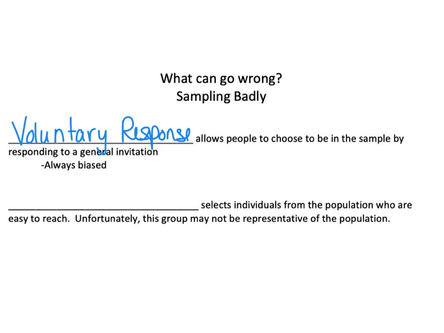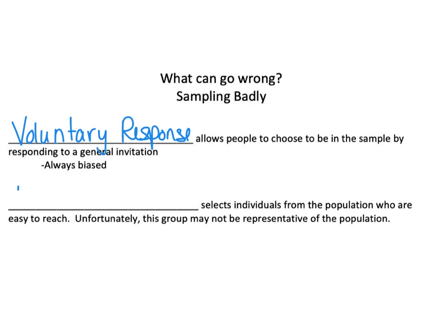This allows people to choose to be in the sample by responding to some sort of general invitation. This always produces biased results. Remember, bias is an overestimate or an underestimate of the true feeling, or in this scenario, the true number, the true value. Because people who volunteer to participate are usually more passionate about whatever you're asking.